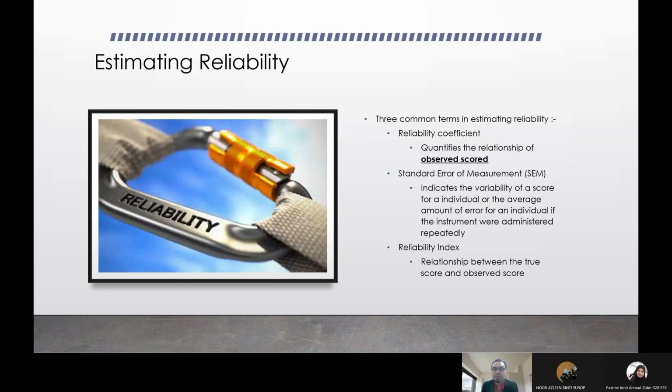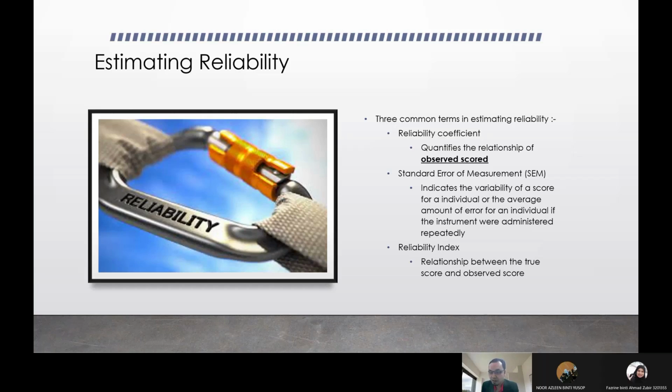So what has been explained by Madam Fazrine: reliability has something to do with errors or bias, because in using any instrument or protocol in research, it is unavoidable that it might be influenced by bias or errors. There's no way that we could possibly avoid the errors. That's why reliability comes into the framework of the research.